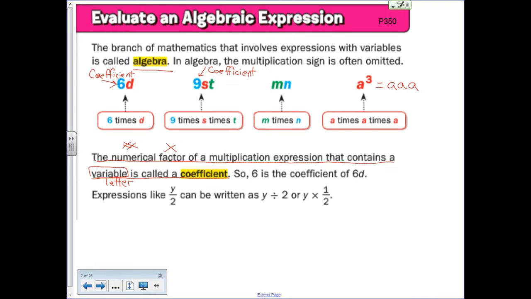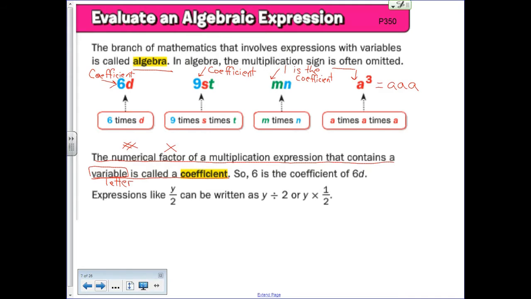It is the number that is being multiplied times the letter. There is a coefficient here, you just don't see it because it's not necessary. 1 is the coefficient. And the same thing here, 1 is the coefficient.